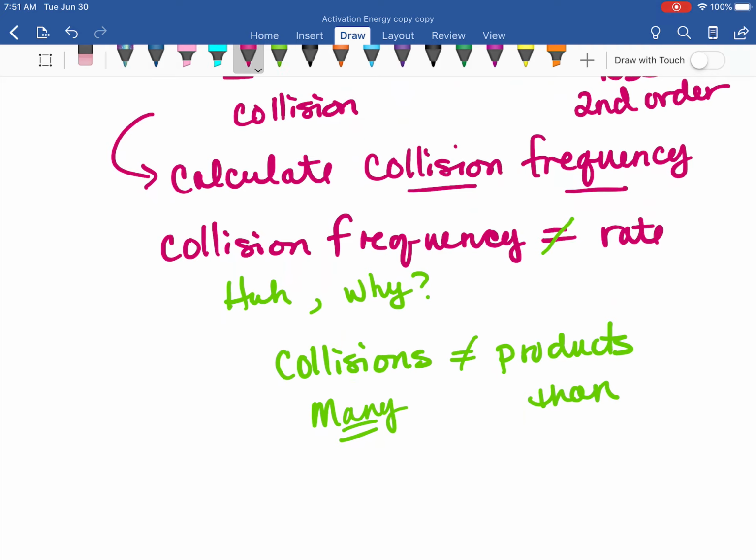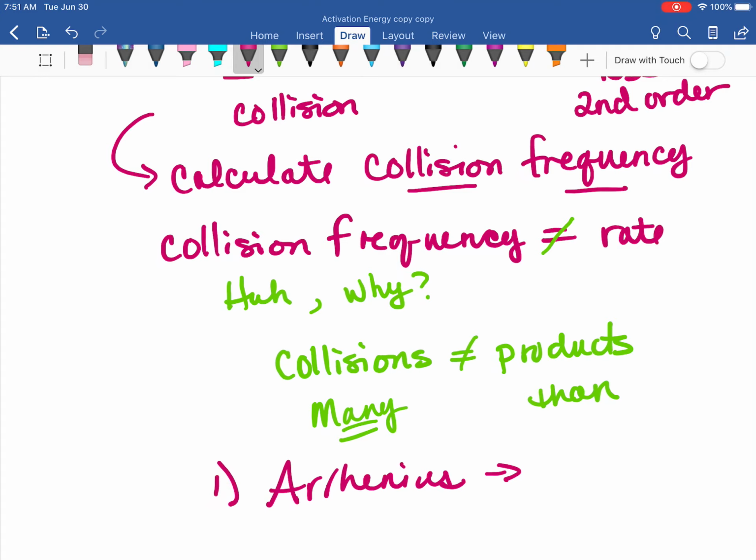Arrhenius really came up with the first of two qualifications on our collision frequency. Okay, well, wait a second. Each one of those collisions has to have enough energy to make and break bonds, right? We just learned that in thermo.